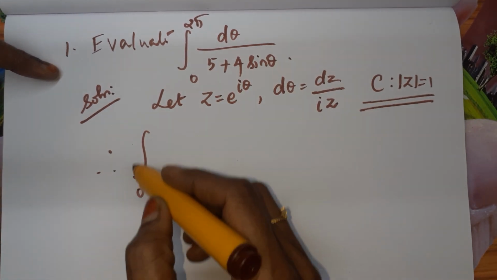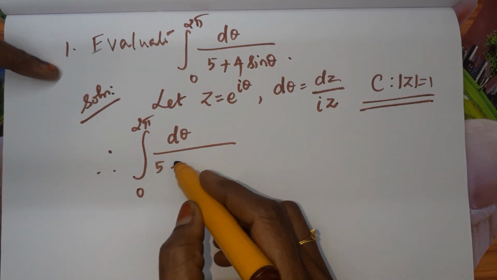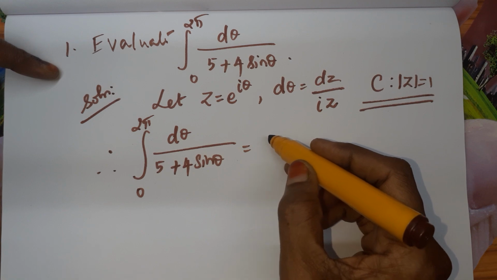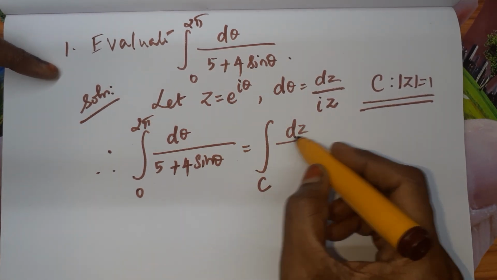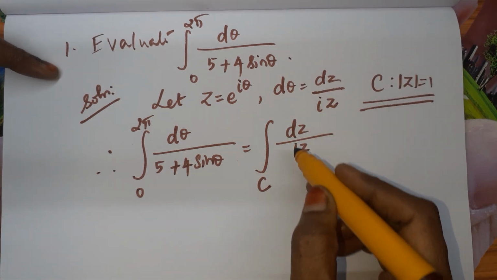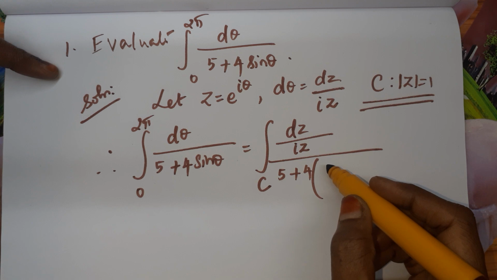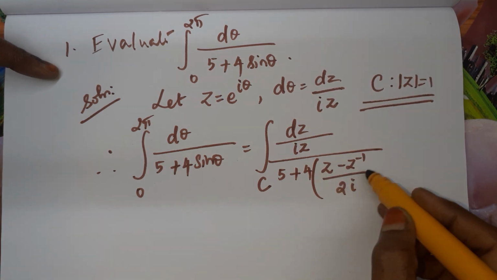Therefore the integral 0 to 2 pi d theta by 5 plus 4 into sin theta is equal to the integral over C dz by iz, and for 5 plus 4 into sin theta we replace sin theta by (z minus z inverse) by 2i.